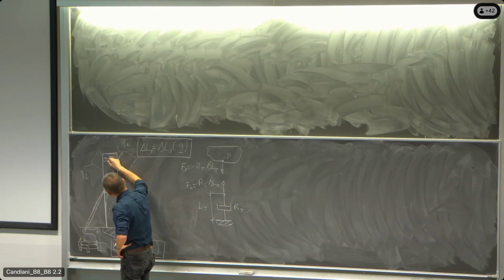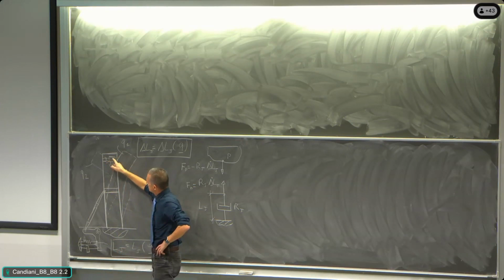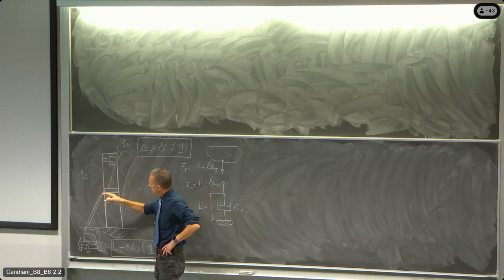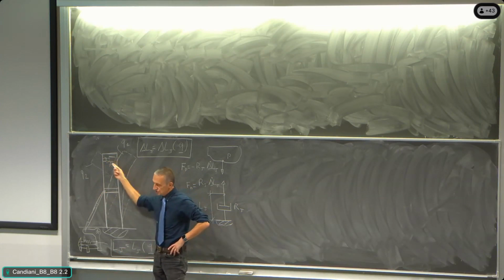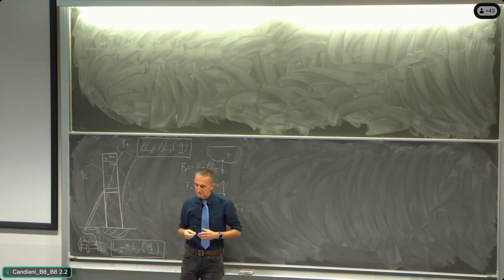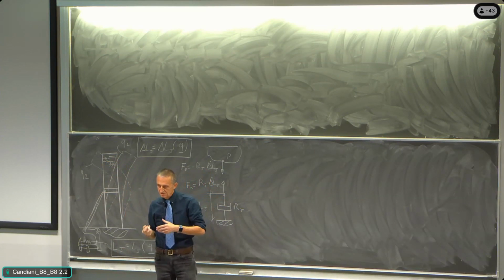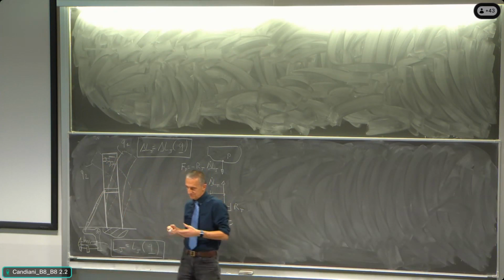There is a system that is a spring together with a damper connecting the mass to the building, so that the mass can oscillate with respect to the building. And of course it is tuned on the frequency of the building that should be damped, that typically is the first mode of vibration.